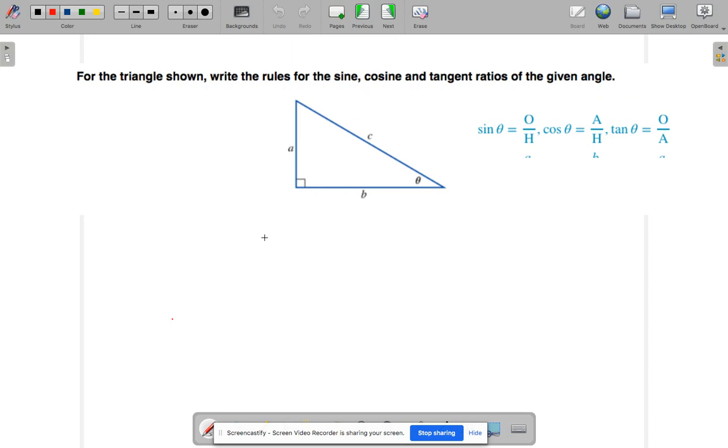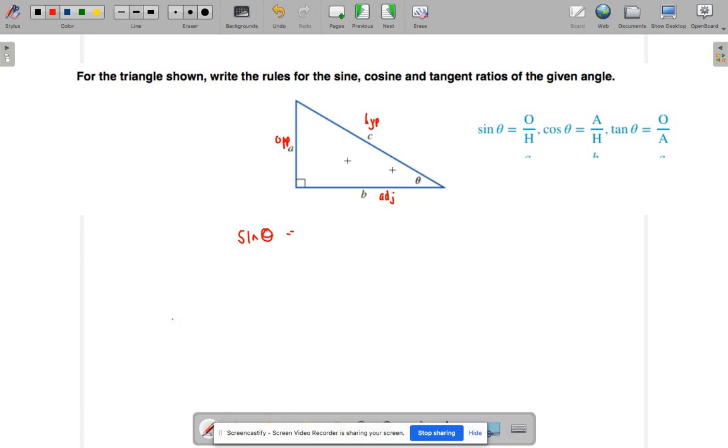So now I'm going to write down some rules for this triangle. And I've put to the right here the abbreviated form of the rules. Okay, so first rule we're going to look at is sine theta. Now, before we go any further, we're going to label this diagram opposite, OPP for short, hypotenuse, HYP for short, and adjacent, ADJ for short.